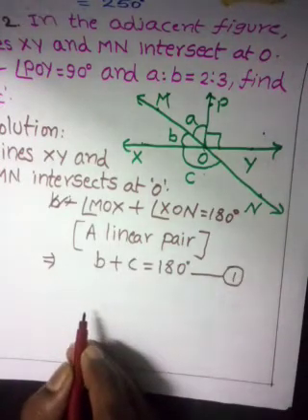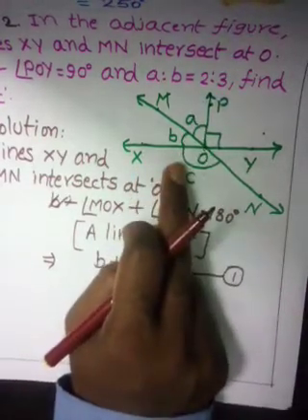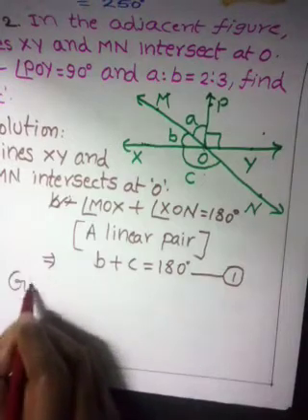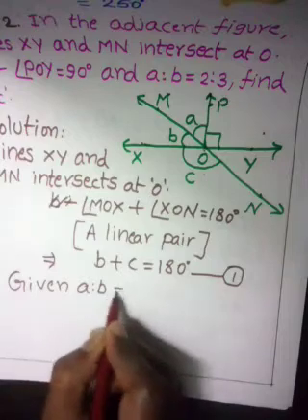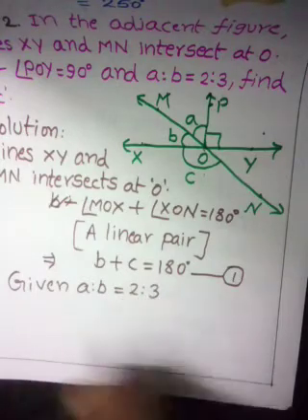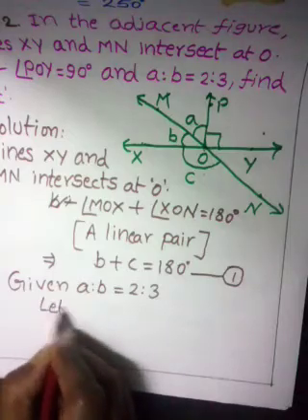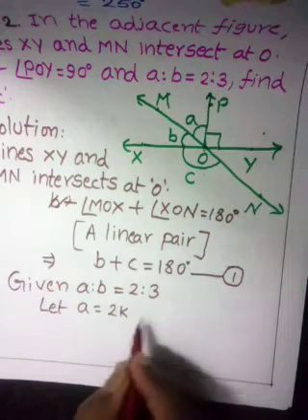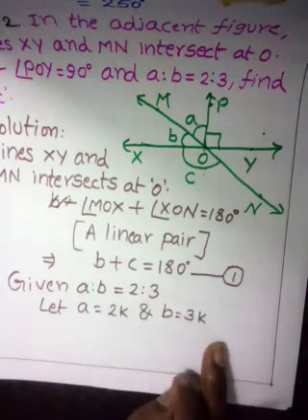Okay, my children? Right. Now it is given that A is to B is equal to 2 is to 3. So let us assume that A is equal to 2K and B is equal to 3K.